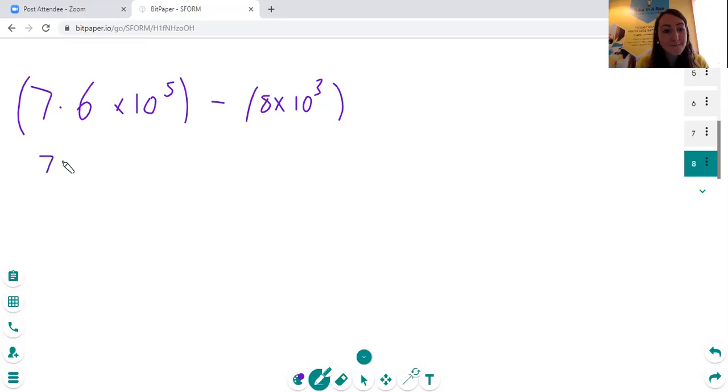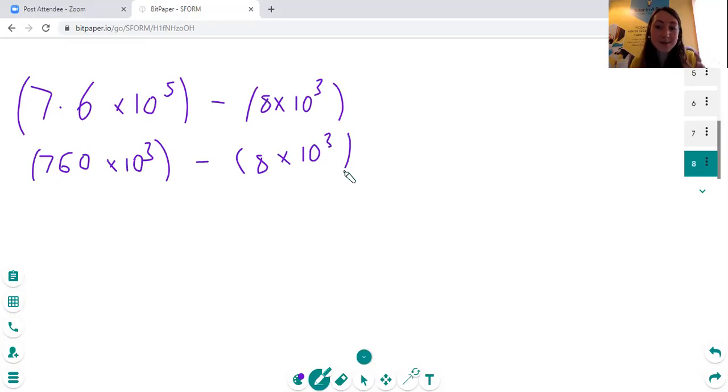Okay, so here, we're going to make this 760 times 10 to the power of 3. And then we're going to do minus 8 times 10 to the power of 3. Okay, so now the powers, so times 10 to the power of whatever, are the same. They're both times 10 to the power of 3. When you're doing addition or subtraction, that's really important.